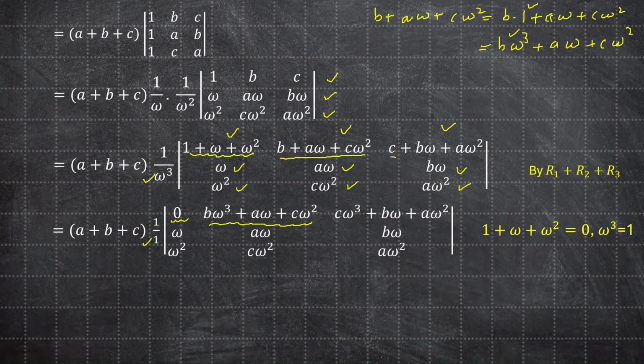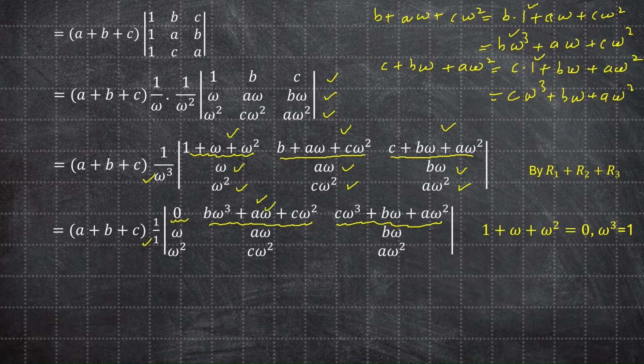Now take the next term, c plus b omega plus a omega square. We can write it as c into 1 plus b omega plus a omega square and replace this 1 by omega cube, and this sum has been written here.